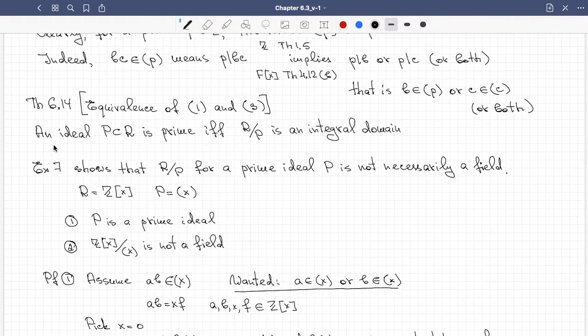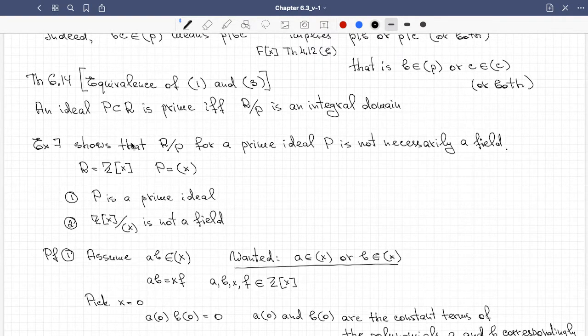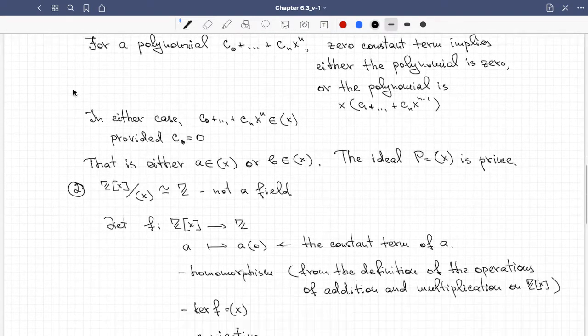An ideal is prime if and only if the quotient is an integral domain. For a maximal ideal, this is an integral domain, therefore the ideal is prime. So every maximal ideal is prime, and the easiest way to do that is to combine theorem 6.15 and theorem 6.14.